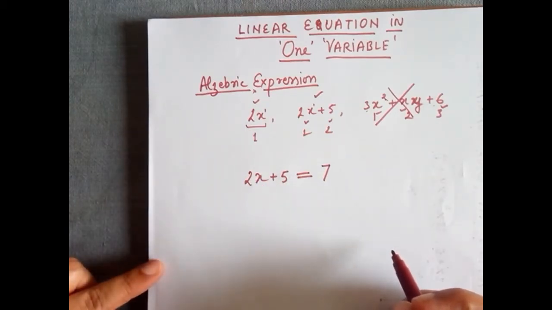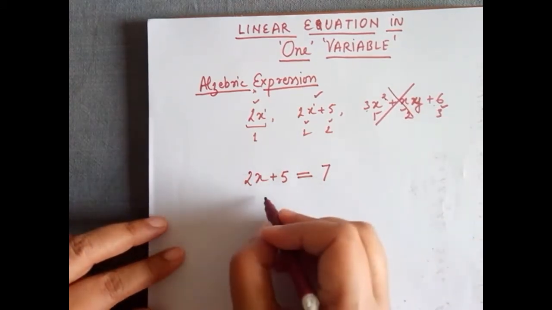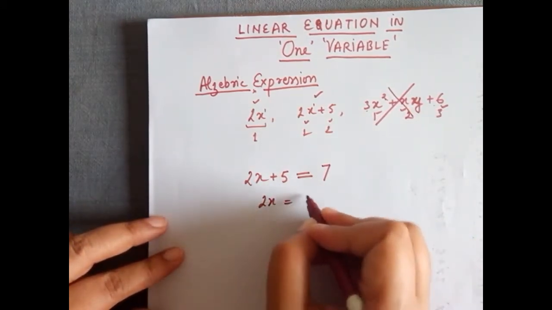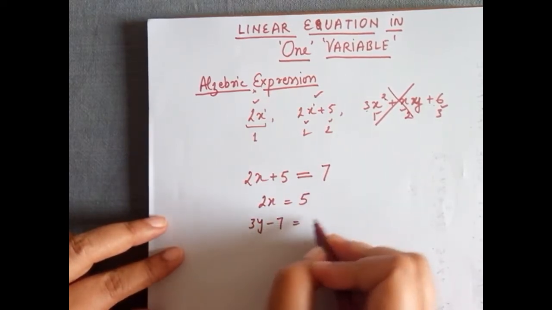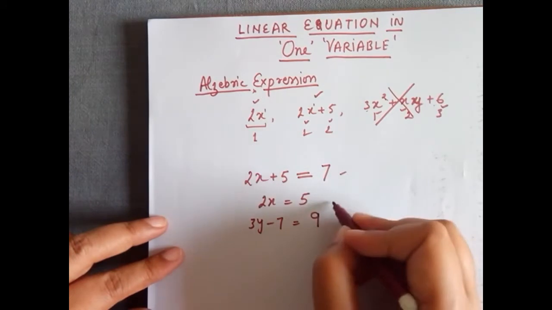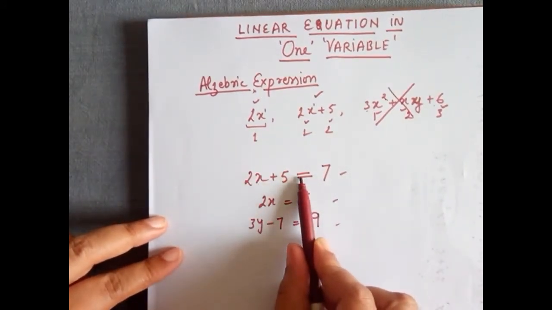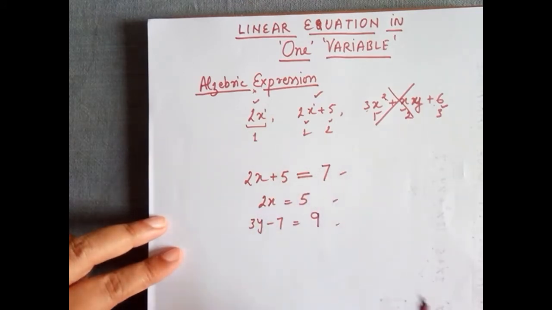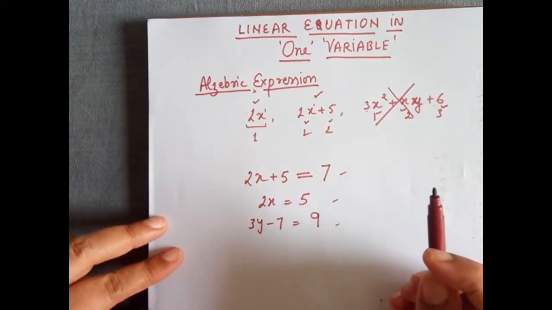So this becomes an equation: 2x plus y is equal to 7, 2x is equal to 5, 3y minus 7 is equal to 9. These are all equations consisting of a variable, an equal sign, and a fixed number, that is a constant. So this is a linear equation of one variable.